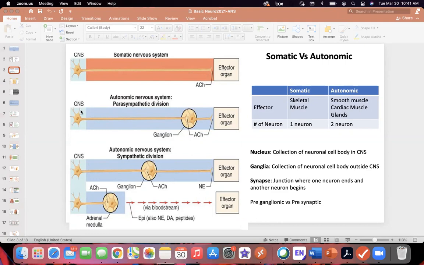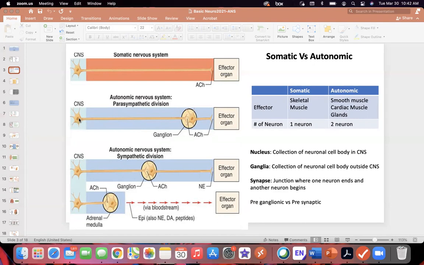Now, in case of autonomic, you look at this neuron that is arising from the central nervous system, either brain or spinal cord, but it's not the same nerve. In case of somatic, the same nerve went to the effector organ, which is skeletal muscle. But in this case, the effector organ will be smooth muscle, cardiac muscle, and glands, right?